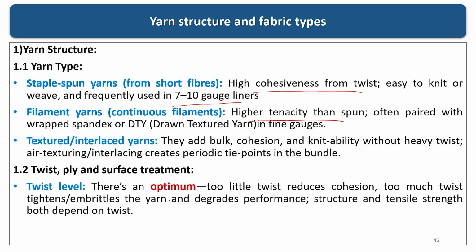There is an optimum twist: too little twist will reduce the cohesion, and too much twist will make the yarn tight and harsh, and will make the yarn brittle, which degrades the performance.